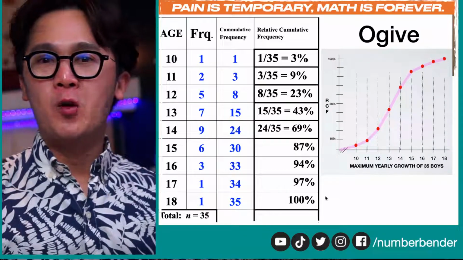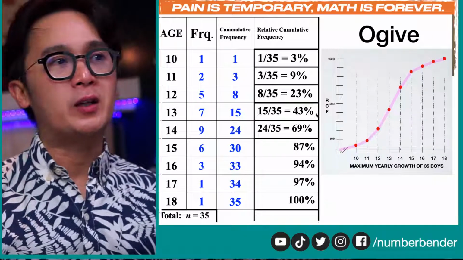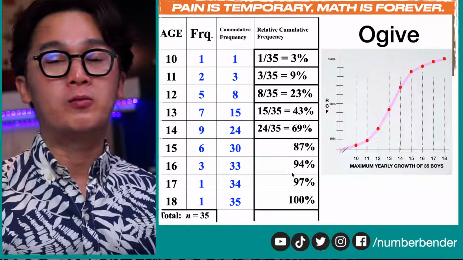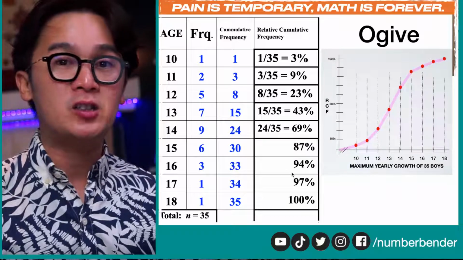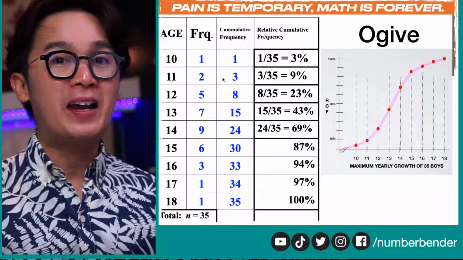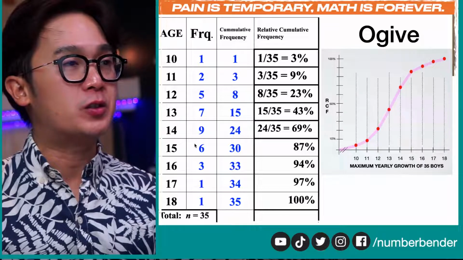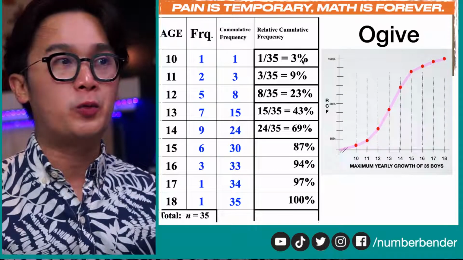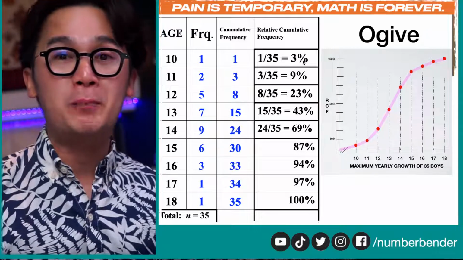So let's say we're going to use our percentile. Actually, if you use the RCF, this will also already give us the percentile of each age or category right here, which is at 10, 11, 12 years old. So here, if we want to find the percentile of the 10 years old, we have 3% or 3rd percentile.